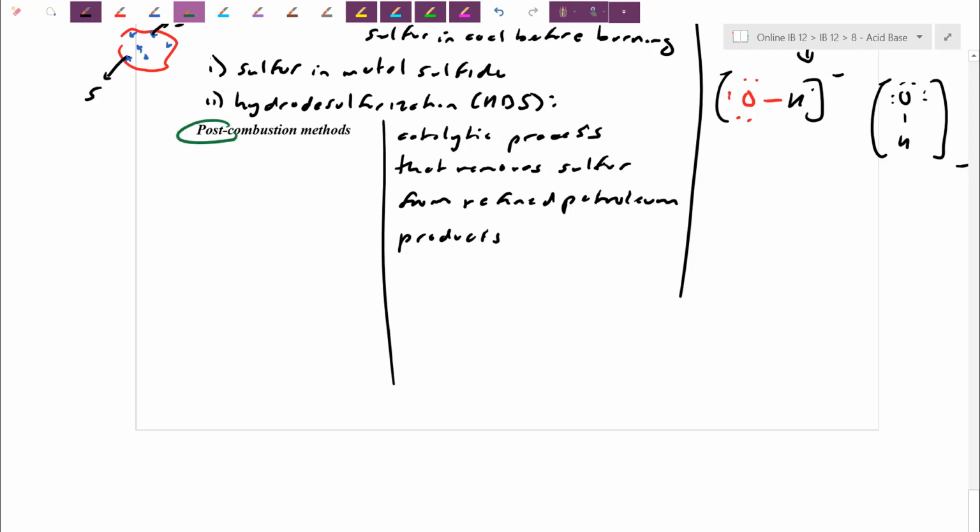A post-combustion method, we can actually do something called flue gas desulphurization. Again, all we're trying to do is get rid of the sulfur from burning coal or petroleum for energy.